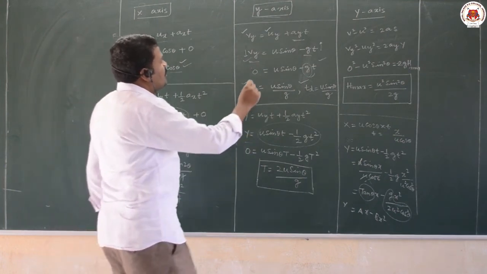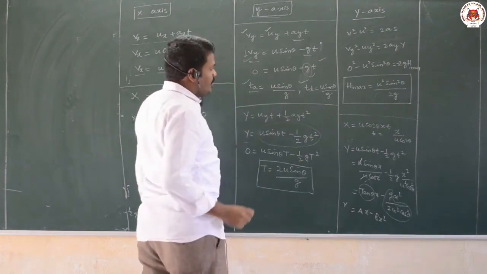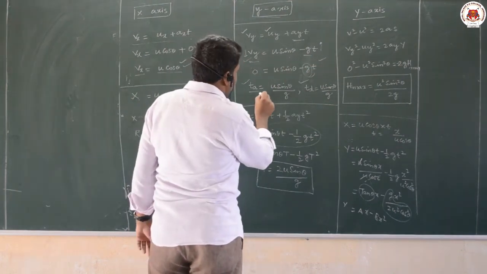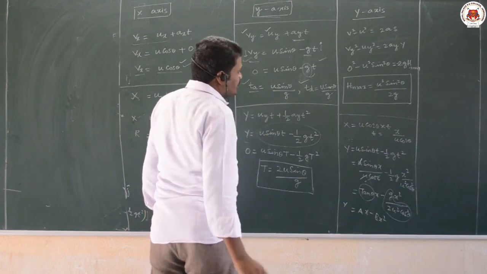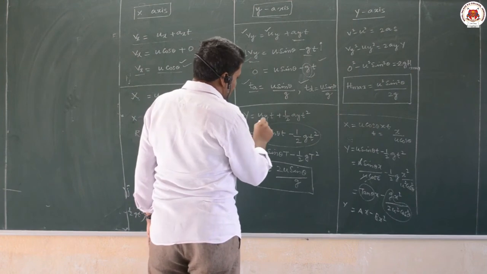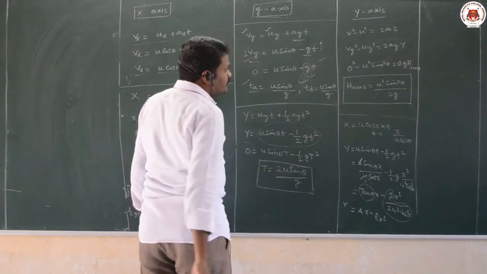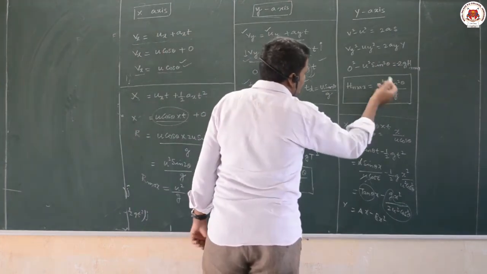If you observe these formulas, v is equal to u minus gt, time of ascent is equal to u by g, time of descent is equal to u by g, h is equal to ut minus half gt square, time of flight 2u by g, h max u square by 2g.